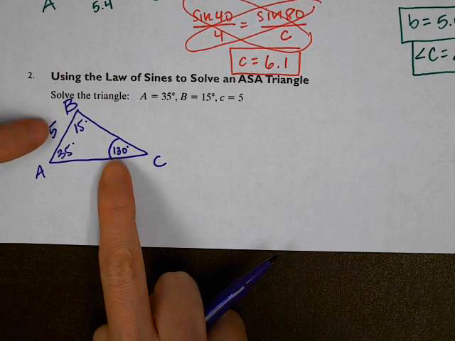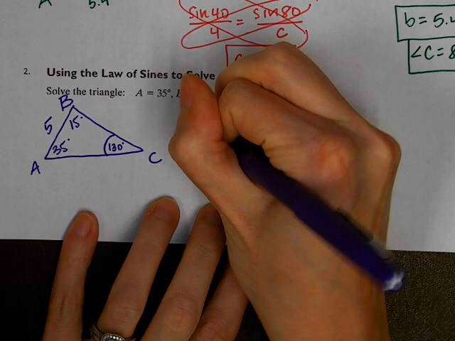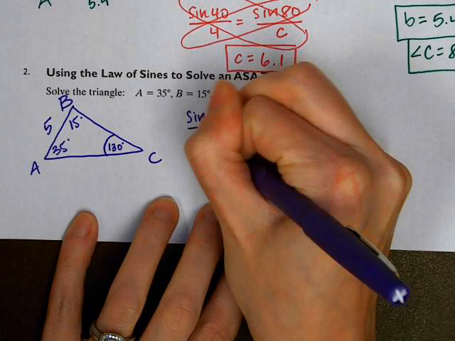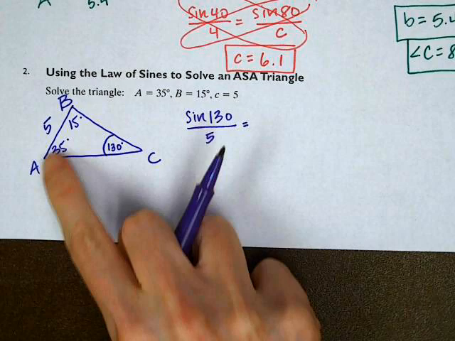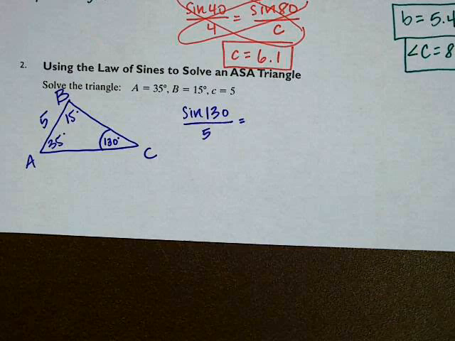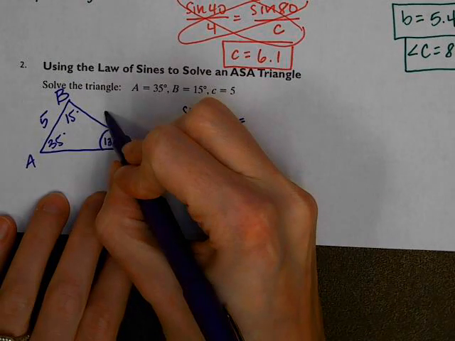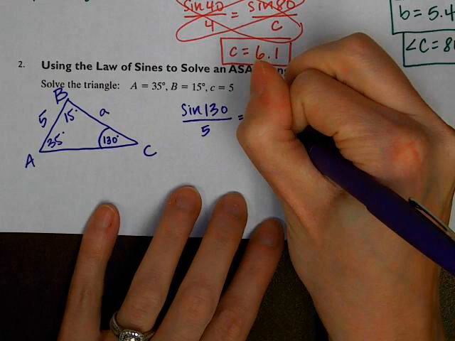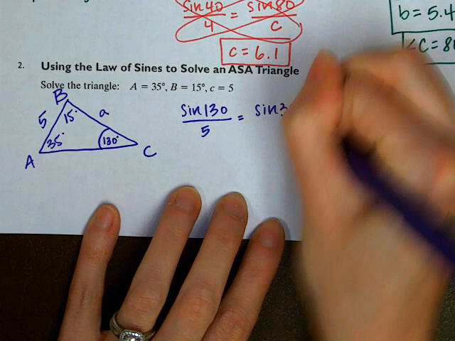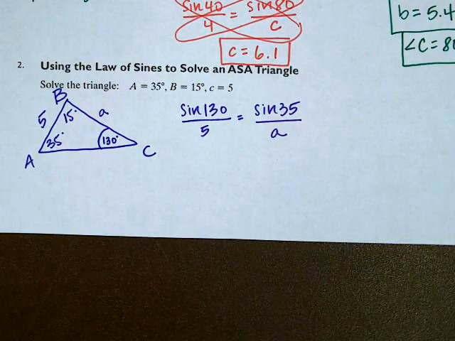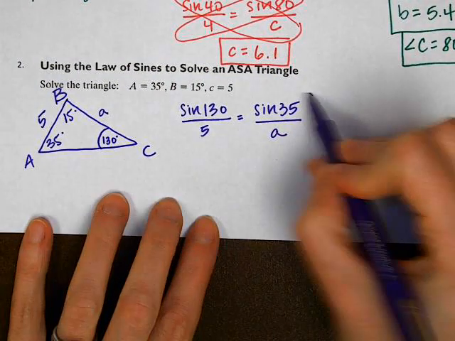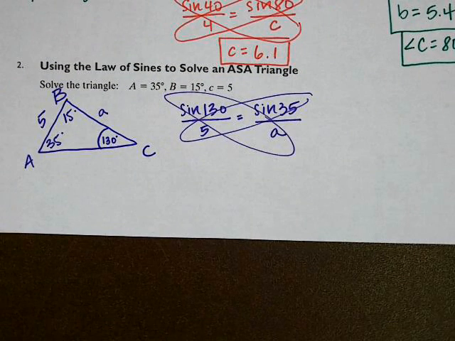So I'm going to use the C's. So sine of 130 over 5 equals, and now your choice. Do you want to find A or B first? I'm going to find A first. So I'm going to use sine of angle A over side A. And then you guys are going to cross multiply and solve.